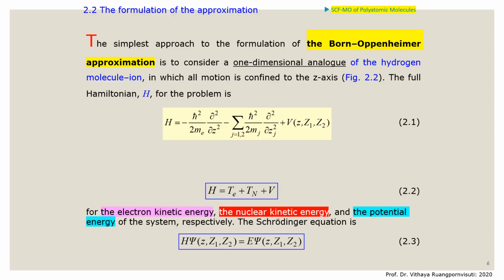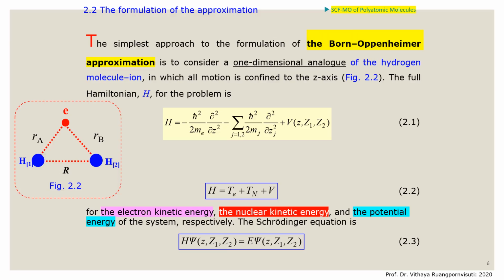The simplest approach to the formulation of the Born-Oppenheimer approximation is to consider a one-dimensional analog of the hydrogen molecule ion, in which all motion is confined to the z-axis, as shown in figure 2.2.